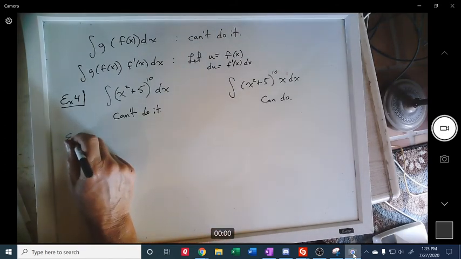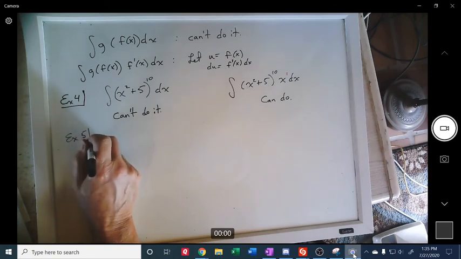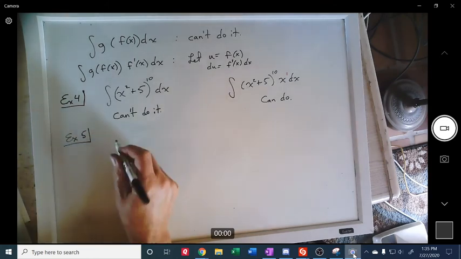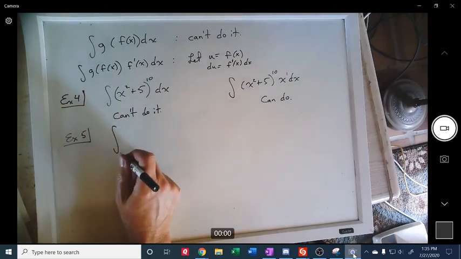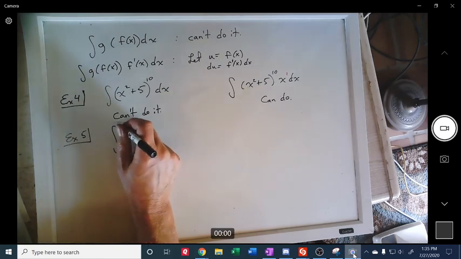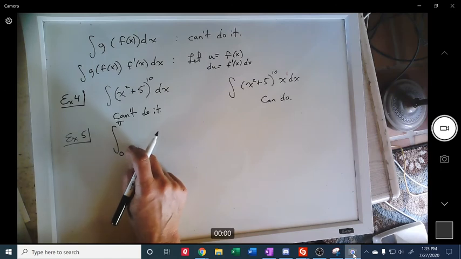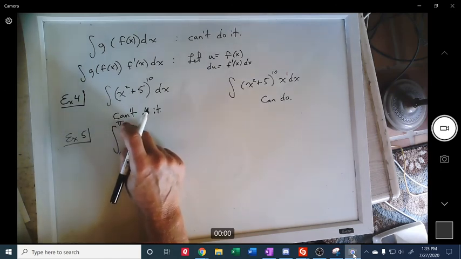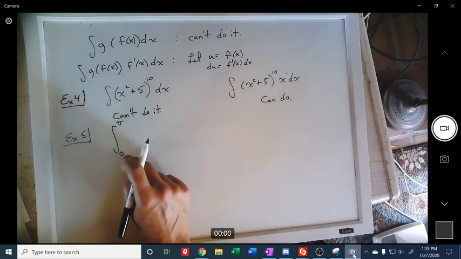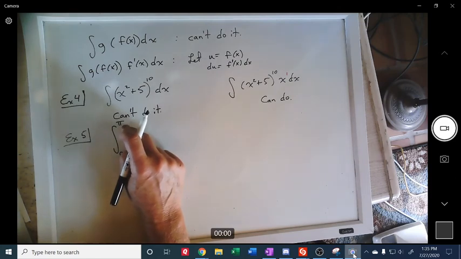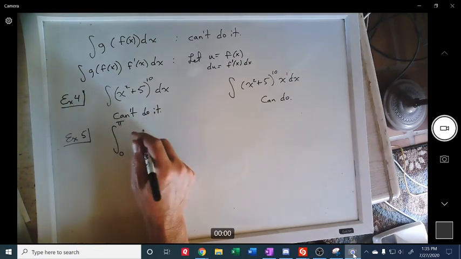Let's go to example 5. I'm going to demonstrate two things with this one. The integral from 0 to pi, because the one thing I'm demonstrating here is that it's a definite integral. So it's our first one with a definite integral.